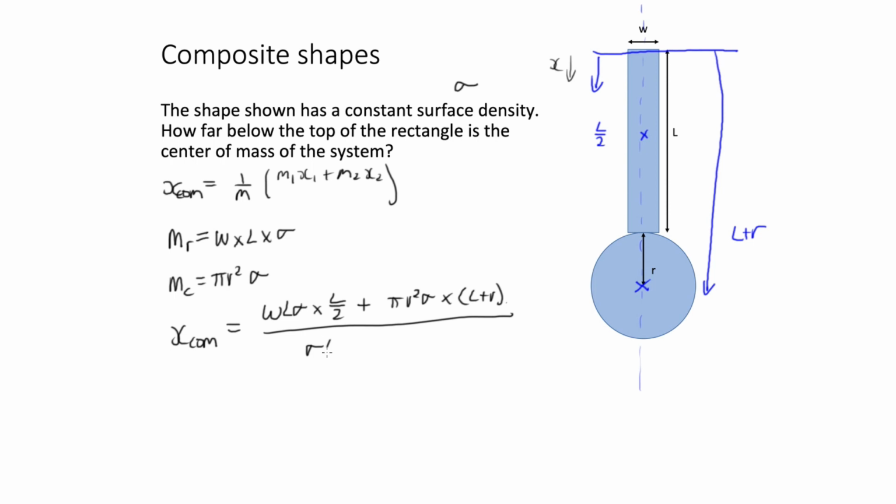So that's sigma times WL plus pi r squared. So you can see that sigma occurs in every term and so is cancelling out. So we can write this as WL squared on 2 plus pi r squared times L plus R, all over WL plus pi r squared. So we've now come up with an expression for the center of mass.